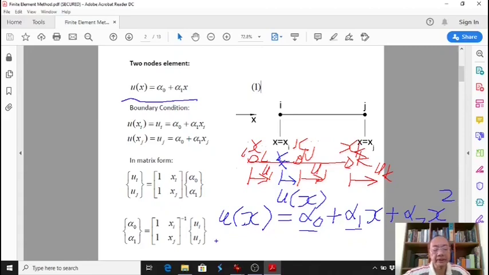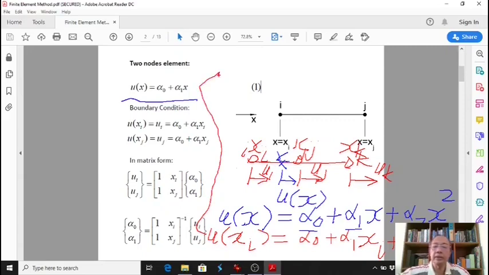The boundary condition is u at xi equal to alpha 0 plus alpha 1 xi plus alpha 2 xi squared. We continue to here.